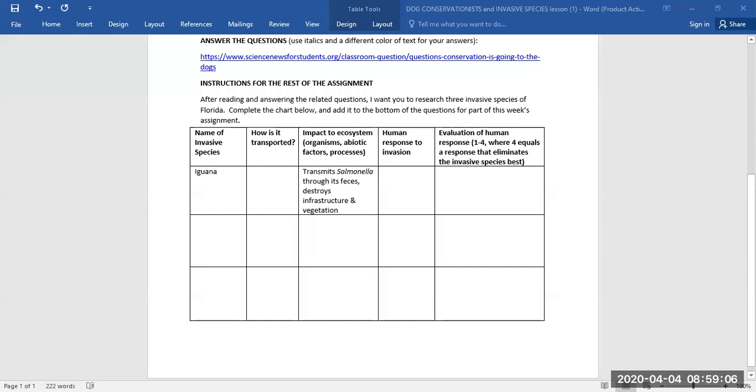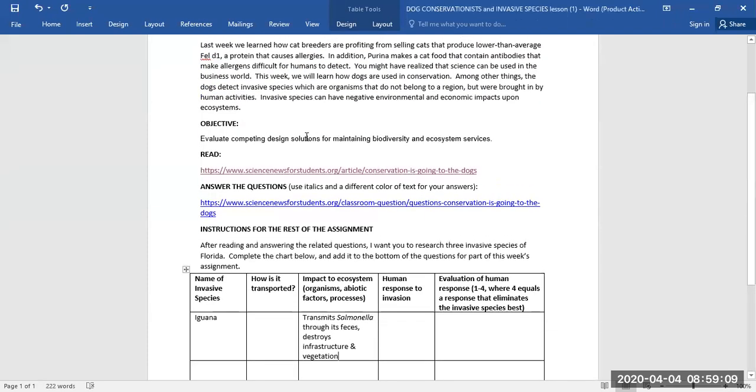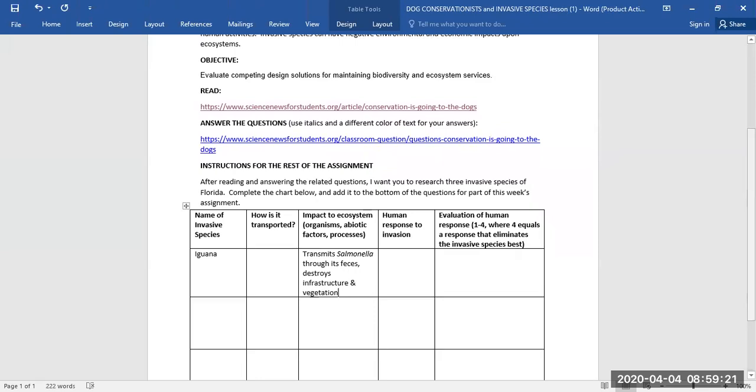Let me just go back to that Word document for a second, because I want to go back to the objective for the day. Our objective was to evaluate competing design solutions for maintaining biodiversity and ecosystem services. In this case, the design solution for maintaining biodiversity, in the example of the iguana, was killing the iguana.